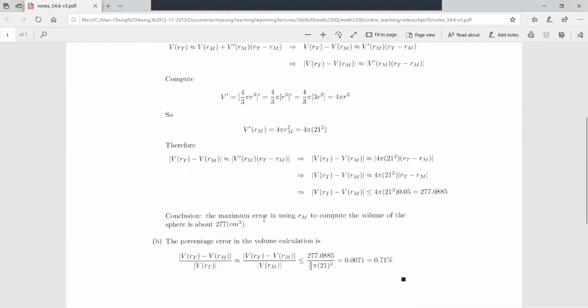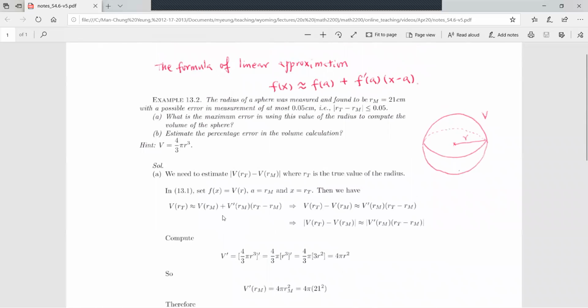The maximum error, the error of the computed volume from the exact volume, in using Rm = 21 to compute the volume of the sphere is about 277. This is our question A.